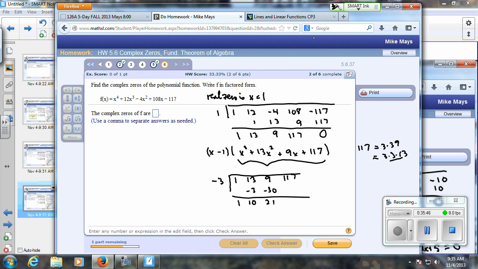It's 21 times minus 3 is minus 63 and add 54. Okay, so minus 3 didn't work, and it's all positive, so there's not going to be anything bigger than minus 3 that works. Let's try minus 9.